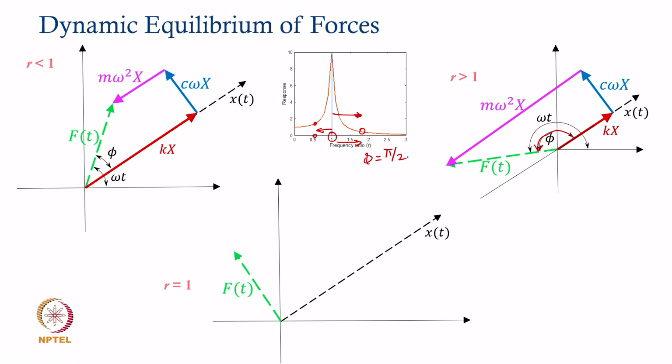So, which means that the force and the restoring force and the response are going to be 90 degrees apart, and then your damping force and m omega square x are going to create almost like a rectangle. Okay.